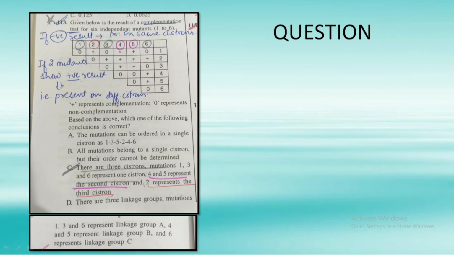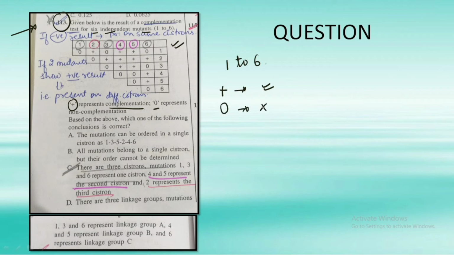So we have this question from the previous year, and this is a 4-marker question. The question says that given below is the result of a complementation test for 6 independent mutants, that is mutant 1 to mutant 6. This is the result of the complementation test, in which the positive sign represents complementation, and if it is 0, there is no complementation.